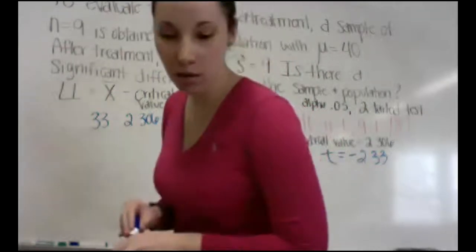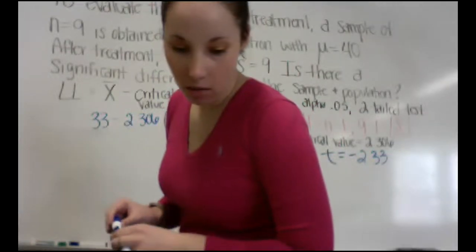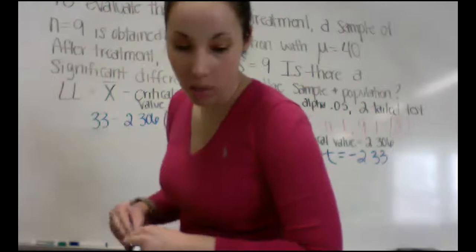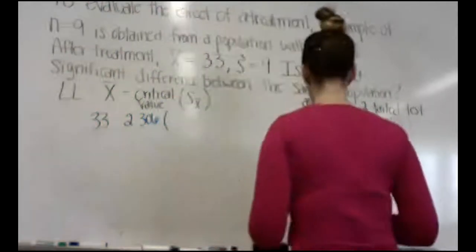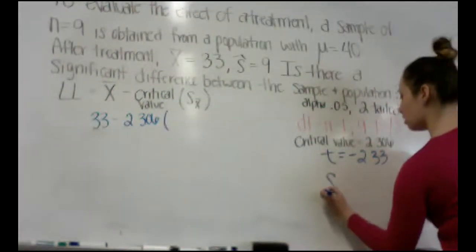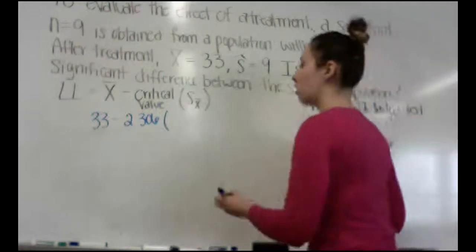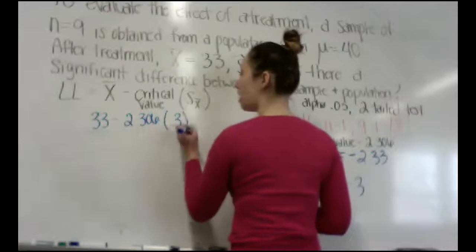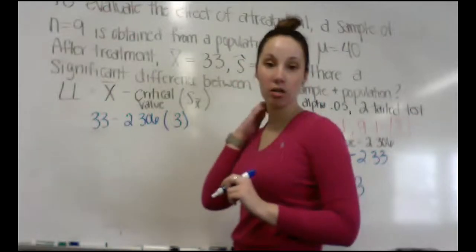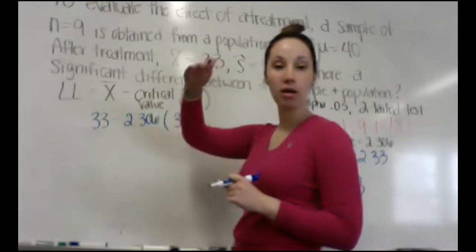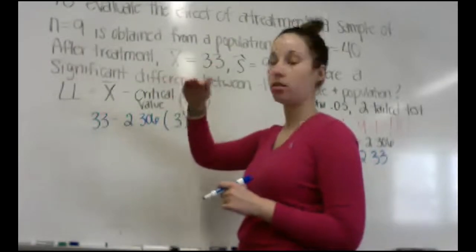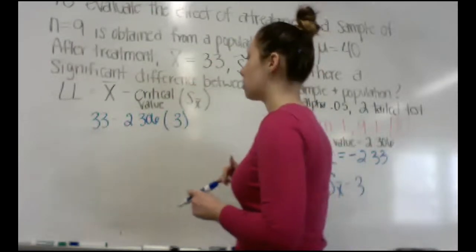I have it written down here though. It was 3. We found that in our previous step when we were doing our t formula. So our standard error is just the denominator in our t formula, and we found earlier that that was 3.